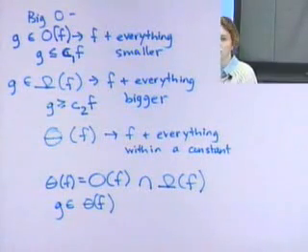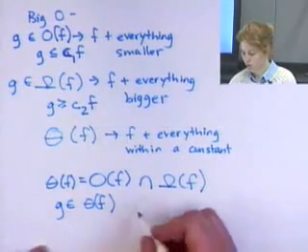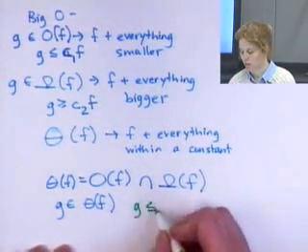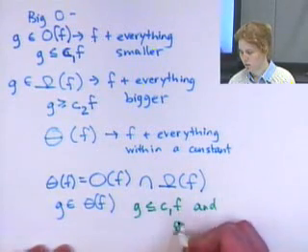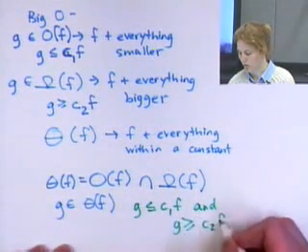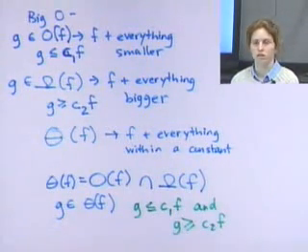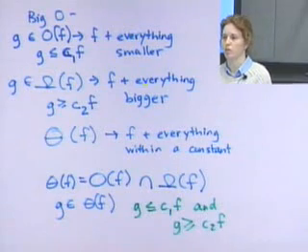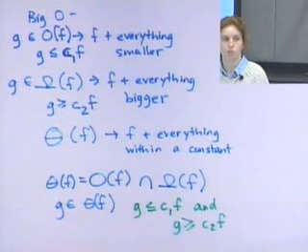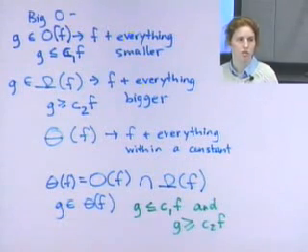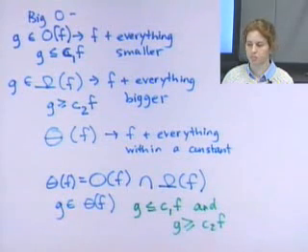They can be two different constants, but I can write both of those equations and they'll both be true. So g is less than or equal to c1 f and g is greater than or equal to c2 f are both true at the same time, as long as we start at some appropriate starting value. So we're talking about limits in this big O and big omega and big theta. So we're talking about when our values get larger or past some starting point.